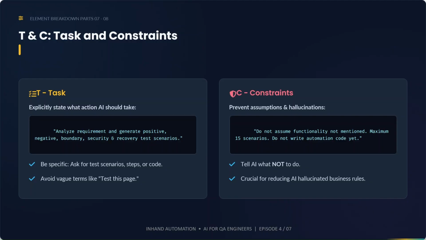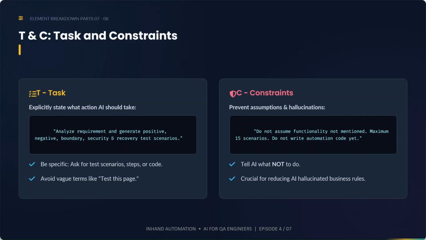If our constraint is proper, AI will not hallucinate. So Rahul tells the AI, do not assume any functionality which is not mentioned in the requirement. If the requirement or information required to create a valid scenario is missing, identify it as a requirement gap. But do not invent the business rule on your own. This is extremely useful for a QA engineer.